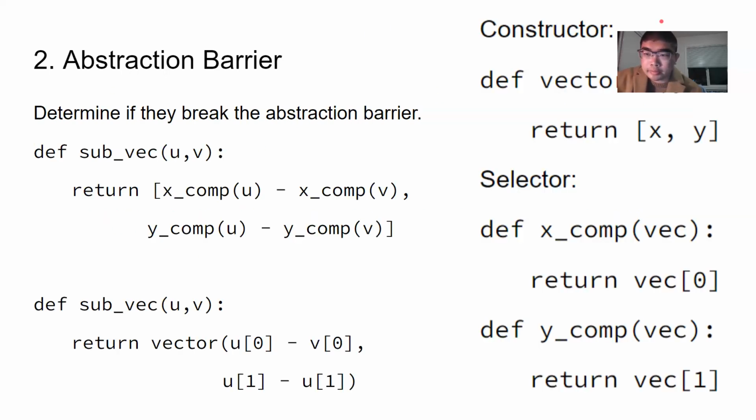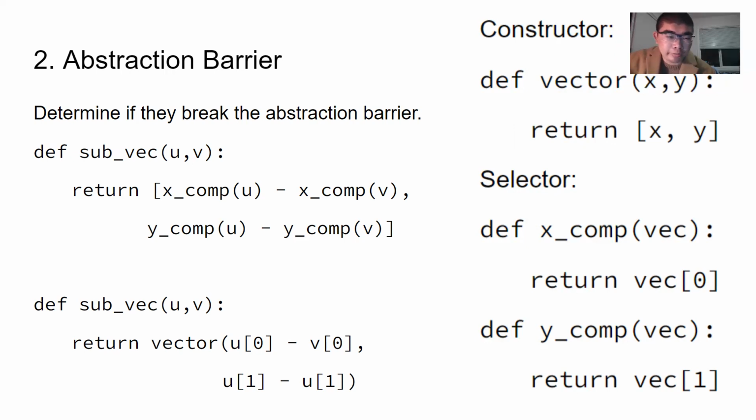So we can try and determine if they are breaking the abstraction barrier. So I have the constructor and selector here. If you don't want to break the abstraction barrier, I guess you use both functions, including the constructor and the selectors.